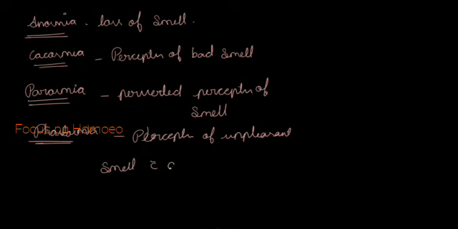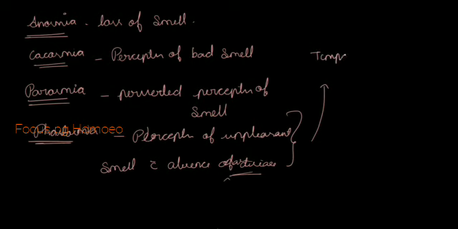And in absence of disease, like there is no disease in the nose also. Nasal diseases or sinusal diseases will not be there. So this particular type of osmia is seen in temporal lobe epilepsy.